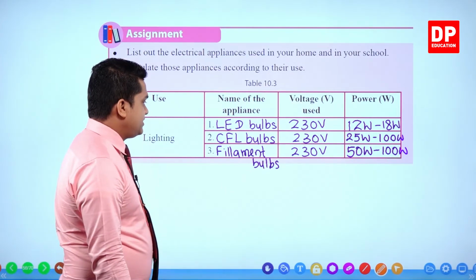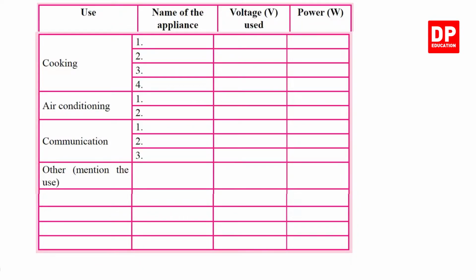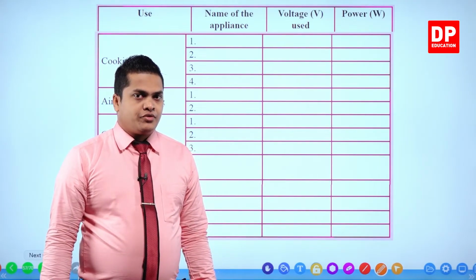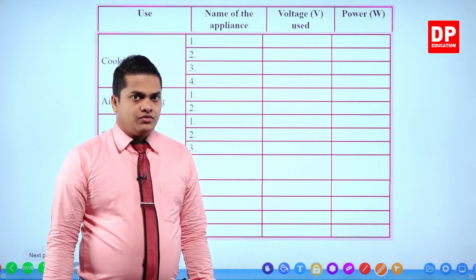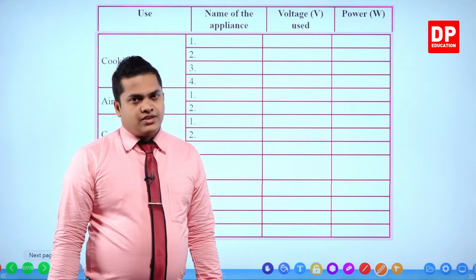Then let's see what are the other things given. Then for cooking, I am going to write down two instruments for cooking. For cooking purposes, mainly we use the rice cooker.